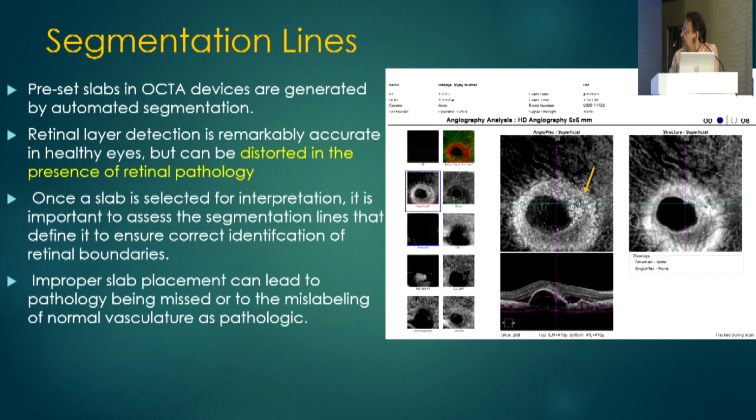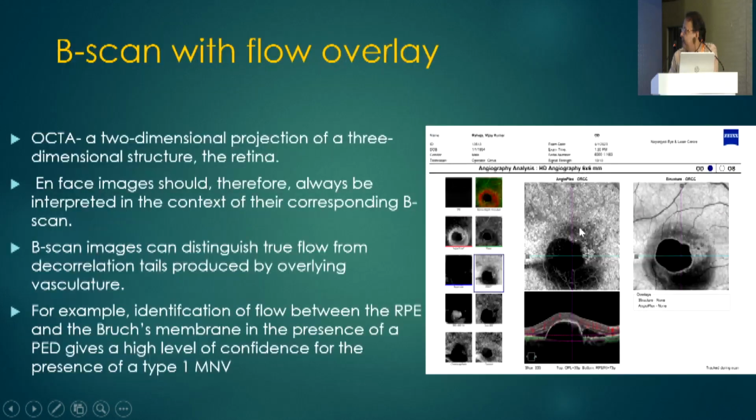Within the edge of the PED, you can see a branching vascular network. B-scan overlay is basically, if you see these red dots and yellow dots, this shows what the flow of the blood is at a particular area. So whenever you have to see whether it's an artifact or what the flow into it is, you have to bring this line to the area where the lesion is.